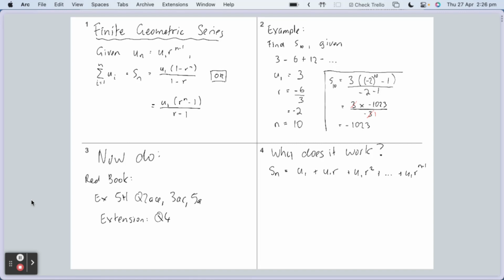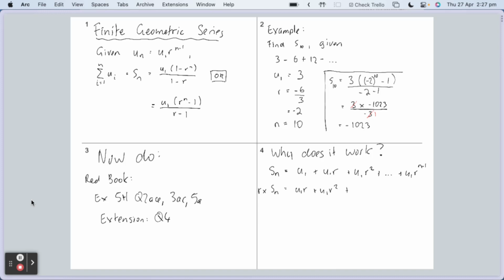Now, here's the trick. I'm going to multiply Sn by R. So that gives me U1 times R. I'm looking at that term, and I've multiplied it by R. I get U1R. Now, if I multiply this term by R, I'm going to get U1R squared.